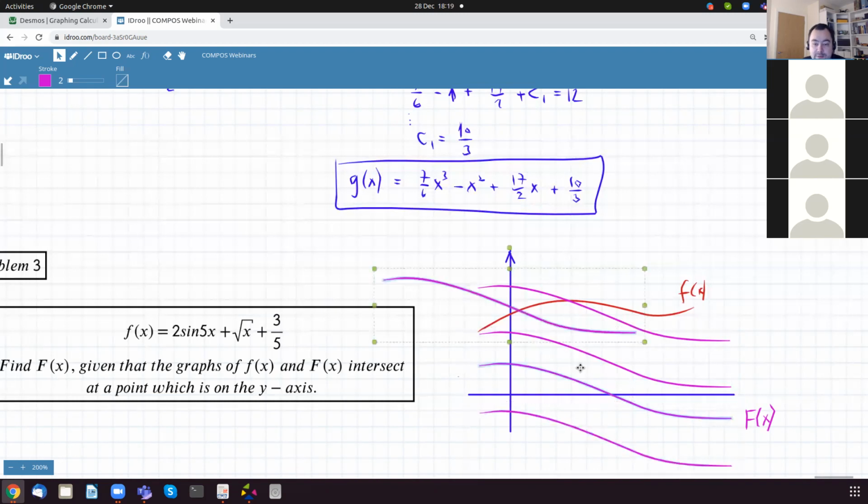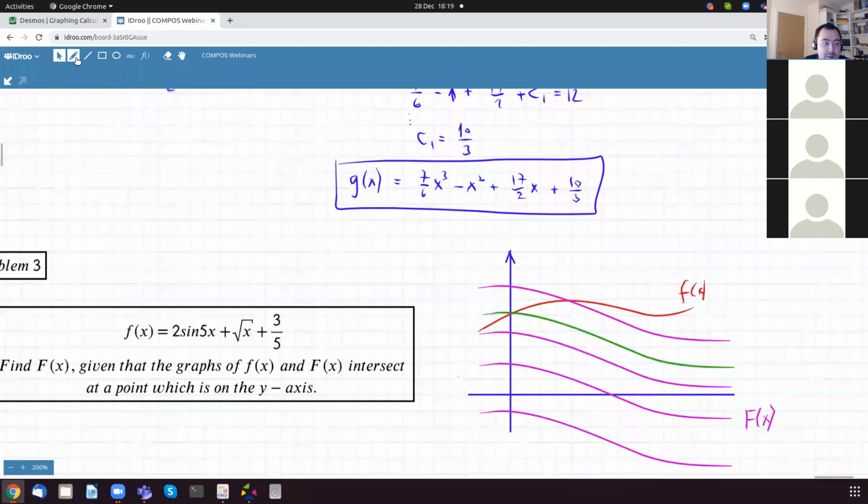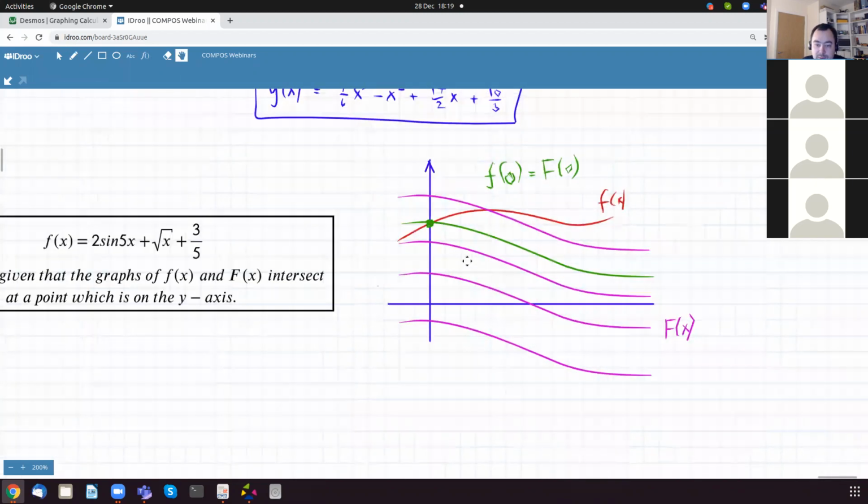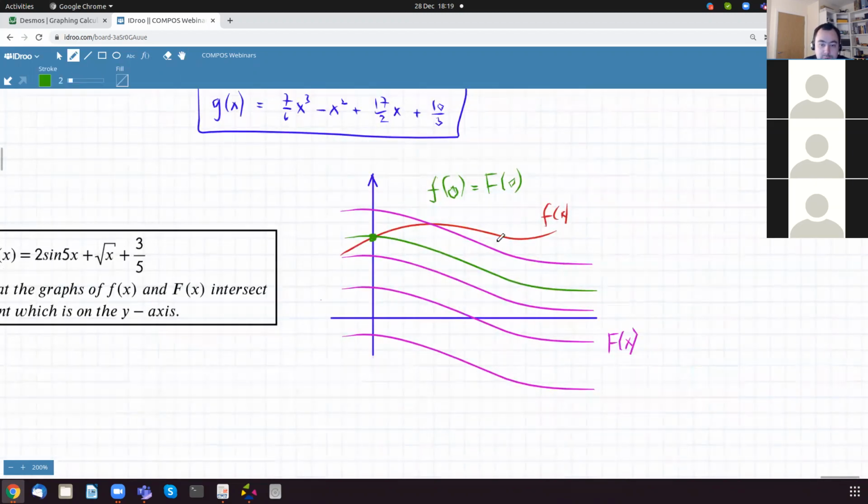Okay, and finally, we need the antiderivative that goes through this specific point. So we need the antiderivative that goes through this one, because they intersect at this point. And that simply means that F of 0 equals f of 0. So this is F of x plus c1.